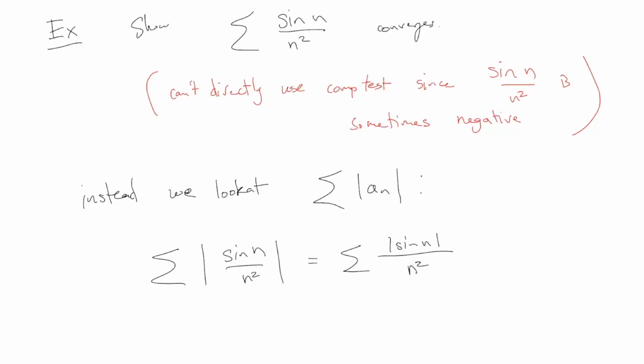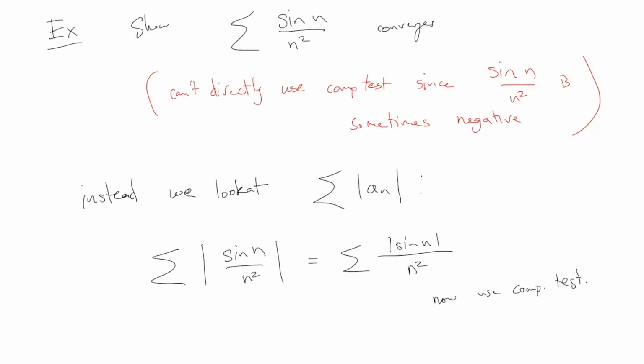The top is sometimes positive, sometimes negative. But now we use the comparison test, because these things are all positive. The absolute values make it so that they are all positive.